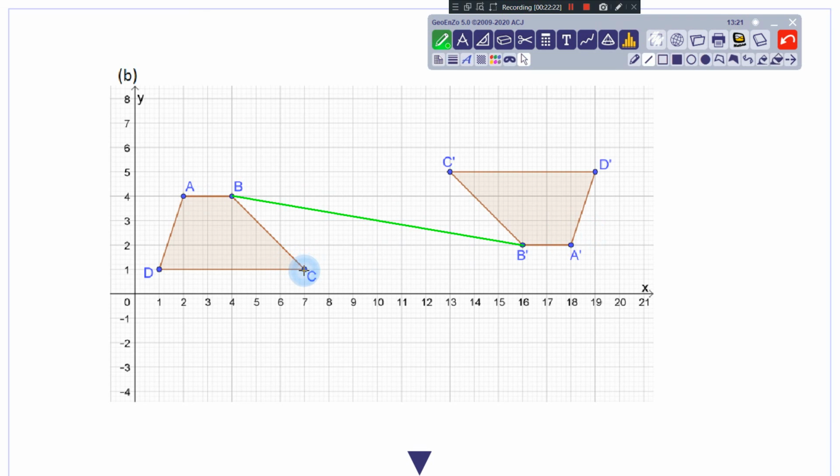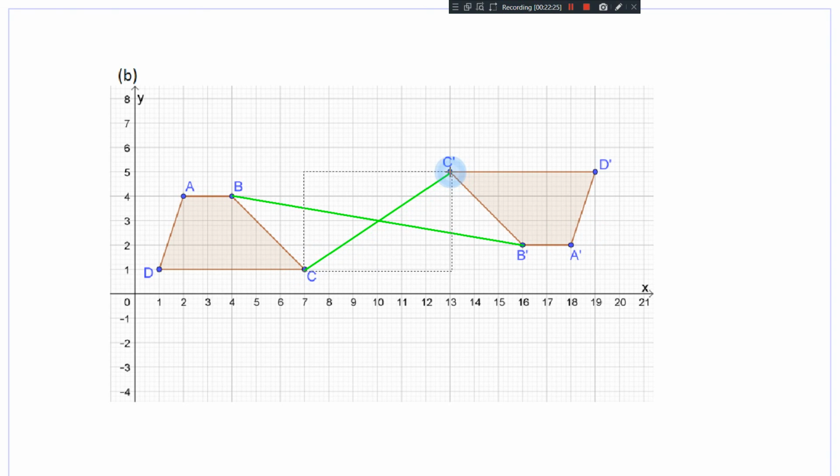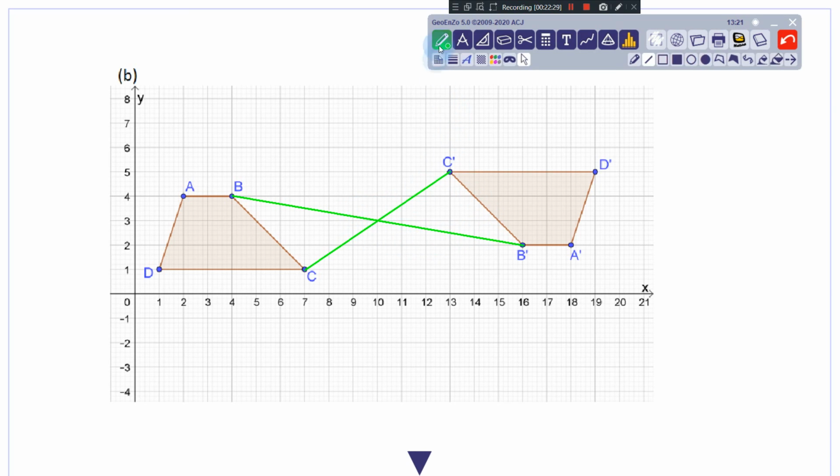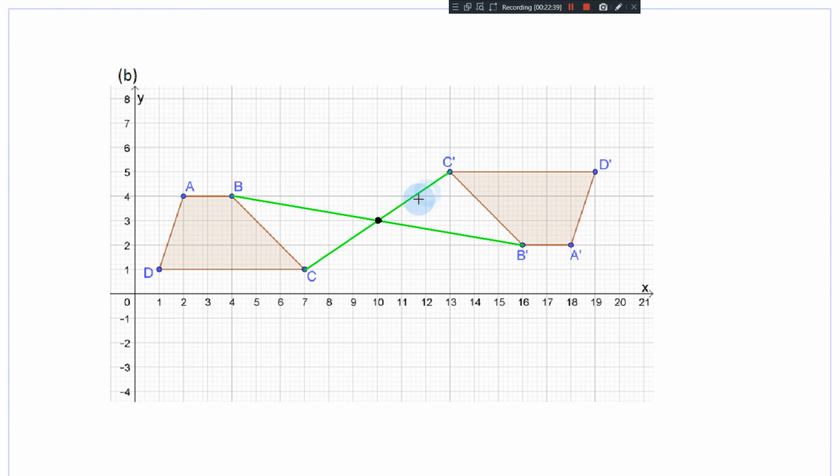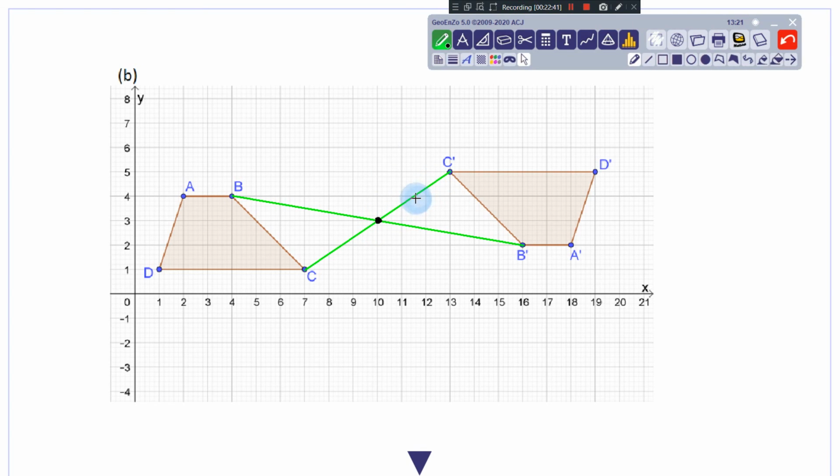So I will choose C, C prime. Okay, so the intersection point between these two straight lines, which is over here, this is the center of rotation. Okay, this is a shortcut for getting the center of rotation for a 180 degree rotation.